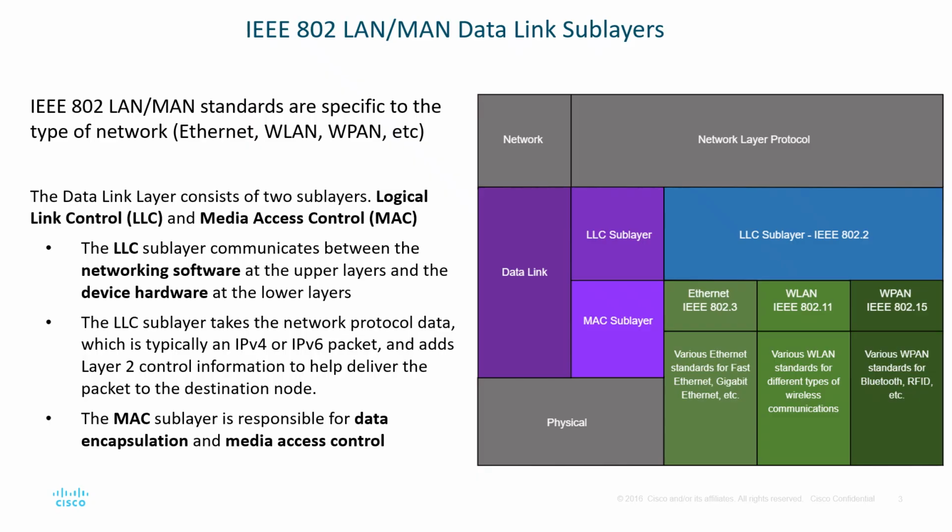Now, 802 LAN and MAN standards are specific to the type of network. So either Ethernet, WLAN, or WPAN. So Ethernet is wired. So we'll concentrate mostly on these two. And then this is your wireless.